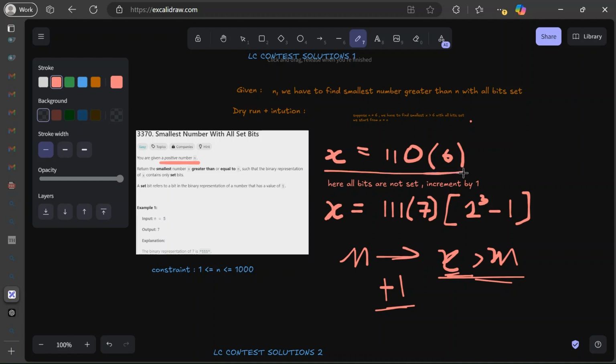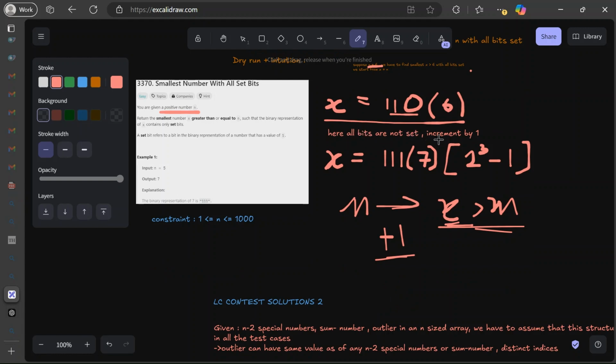Let's find out some pattern. So we would start from x equals n, which is 6 here. I'm just representing it in binary form as 110. Here all bits are not set. So increment by 1. Now x becomes 111, which is 7, and can also be written as 2^3 minus 1. And it has 3 bits set.